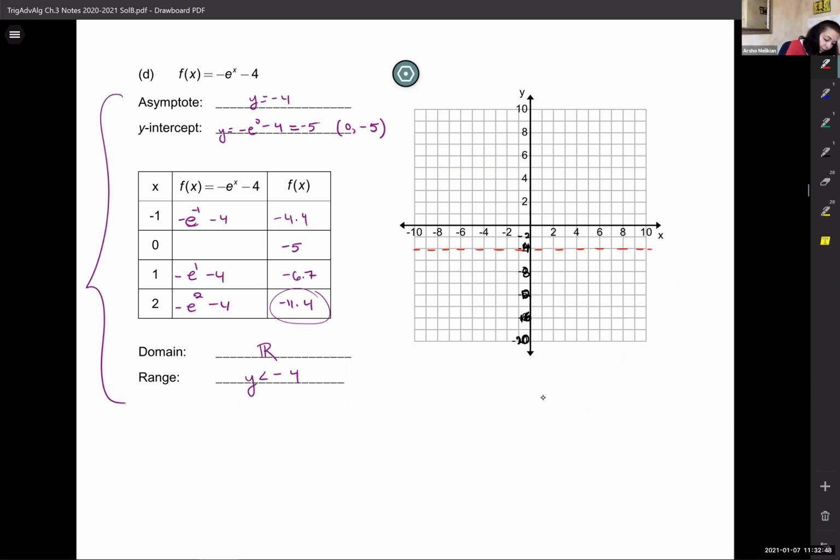And then I have -4.4 for -1. Then -5. Then -6.7. And then -11.4. And that is what that looks like.